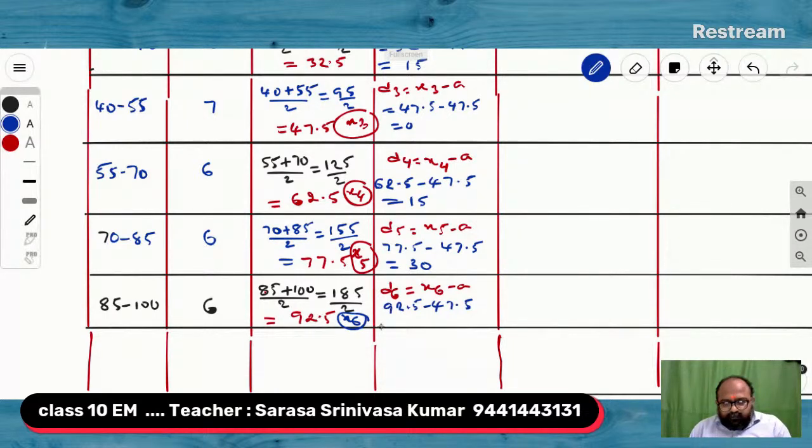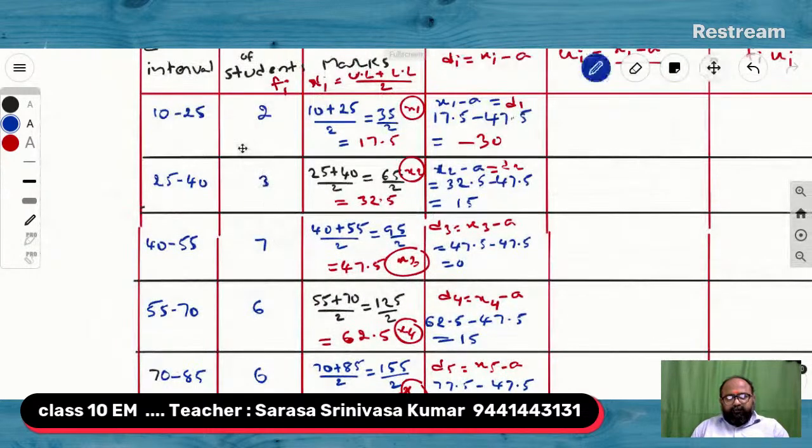This is equal to 45. So we got d6 as 45.